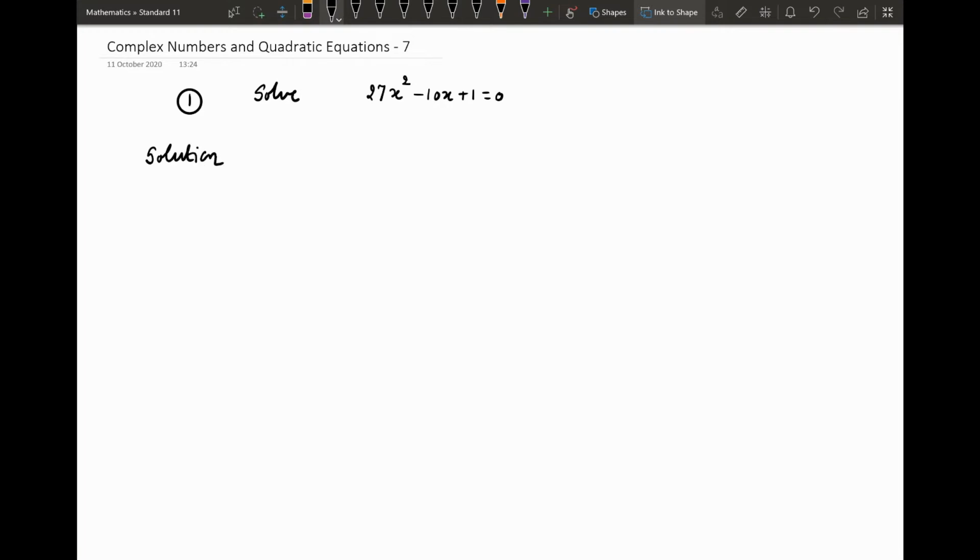Solution. Since it is a quadratic polynomial, we will find roots according to x equal to minus b plus minus under root delta, which is b square minus 4ac, upon 2a. So using this formula we will find the roots.